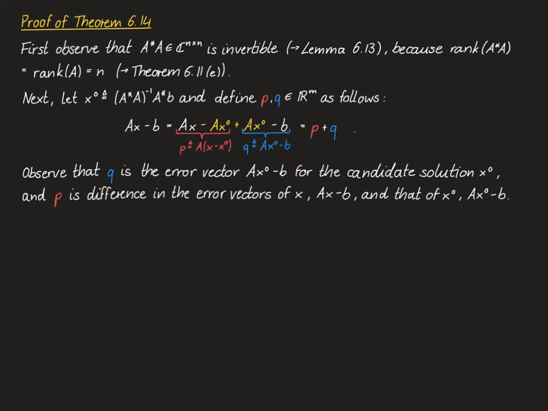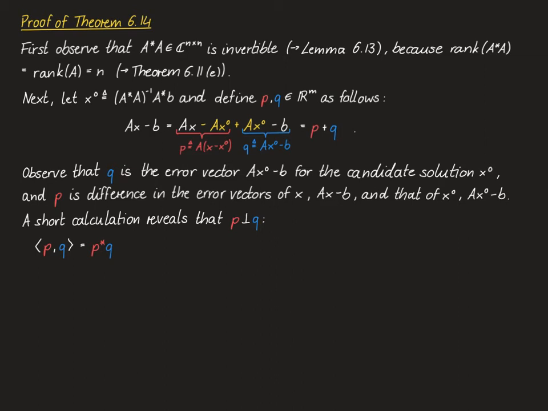Observe that q equals the error vector A x naught minus b, whose norm we claim is minimized by the candidate solution x naught, and p is the difference in the error vectors of any vector x, namely Ax minus b, and of the candidate solution x naught, so A x naught minus b.